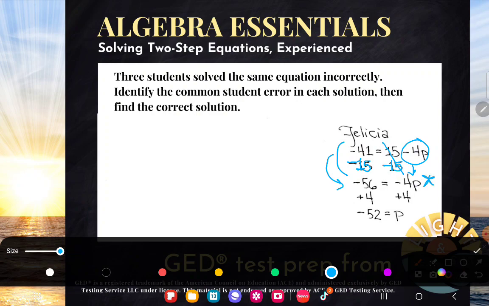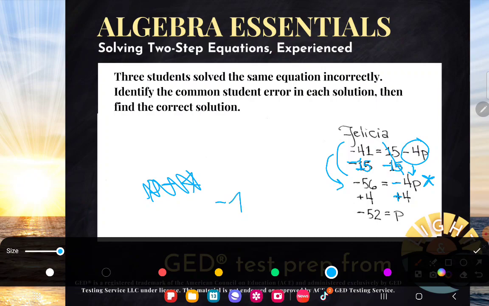So Felicia's good up to here, but look at what Felicia did, the other common student issue when we see a negative multiplying. She said, well, the opposite of subtract is add. And I'd say, yeah, Felicia, but this 4, even though it has a minus sign in front, it's not subtracting with p. The negative sign would have to be between the p and the 4 to say it was subtracting with p.